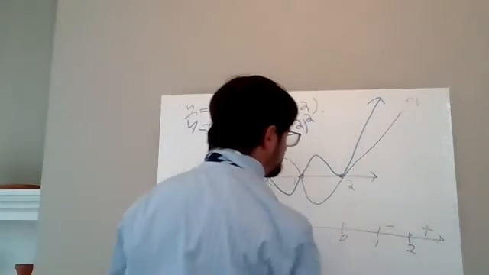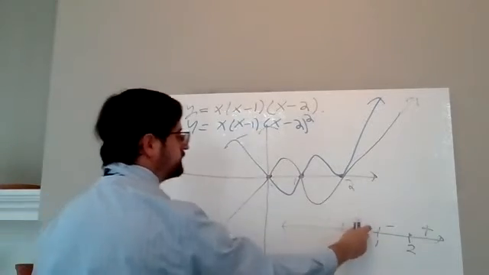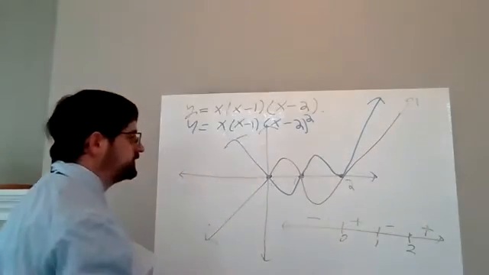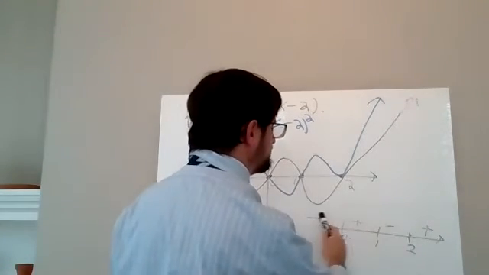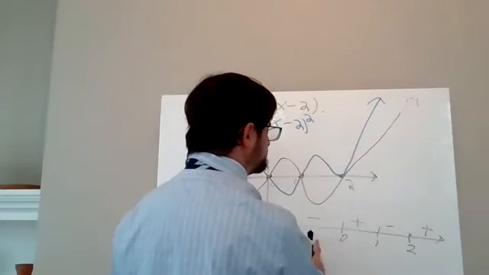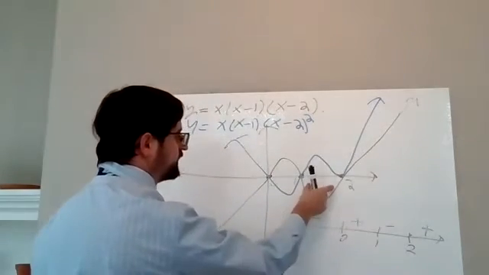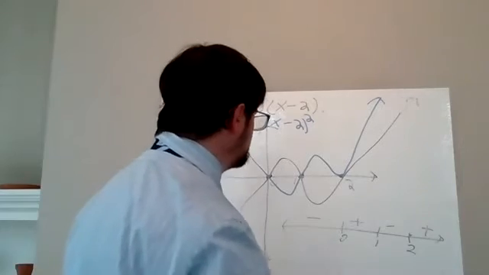So a negative here. If I plug in a half, I get a negative. So my sign graph will be this, and that will correspond to being positive up here, negative in this region, positive here, and negative here.